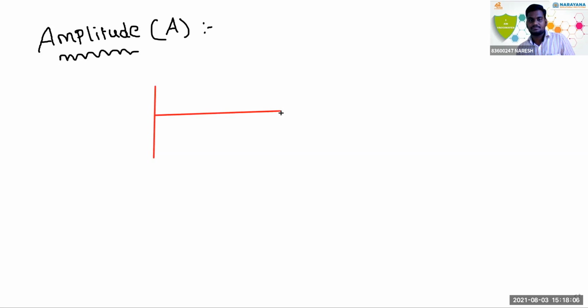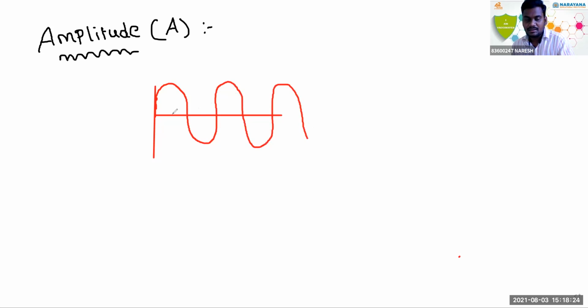When light travels in the form of waves, see here, amplitude A is from the mean position to the upward displacement. This is crest and this is trough, we know, right?